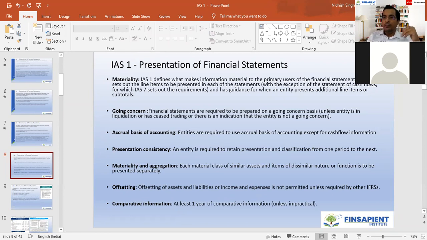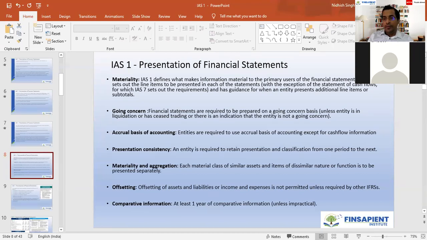So we cannot say that the net basis is only $2 million because the other company owes me 8 million and I owe 10 million. So let's net off. No, it is not permitted.